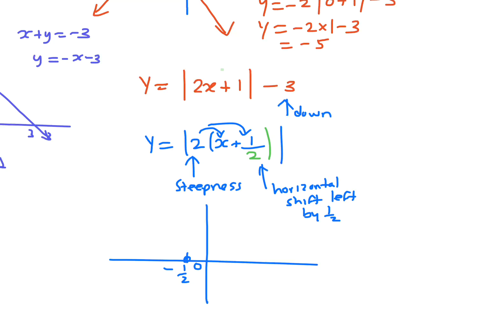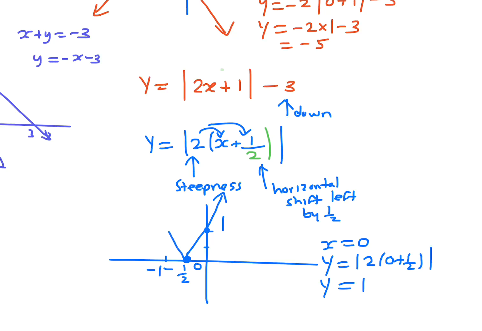So that's basically where it's going to go. If I just chuck in x equals 0, I'll get my y-intercept, and I end up with y equals 1. So that would be a half if I did it, and 1 would be there. So see how it is slightly steeper than a 45-degree angle? And then you just mirror exactly the same on the other side because it's got symmetry.